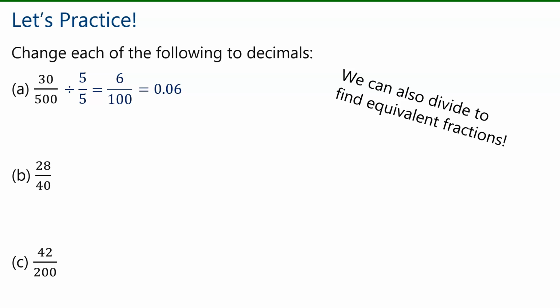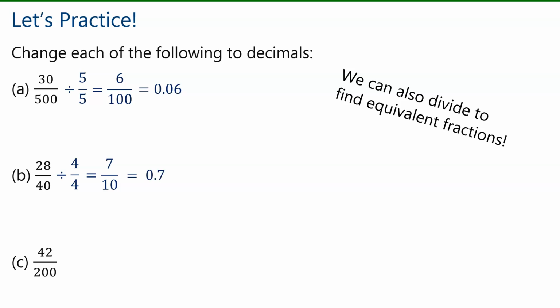Now first, when I see something like 28 over 40, I would try to multiply 40 by something to get 100 on the bottom. But 40 can't be multiplied by any whole number. But if I divide by 4, I can make 40 into 10. So let's do that. So if I divide by 4, I will get 7 over 10.